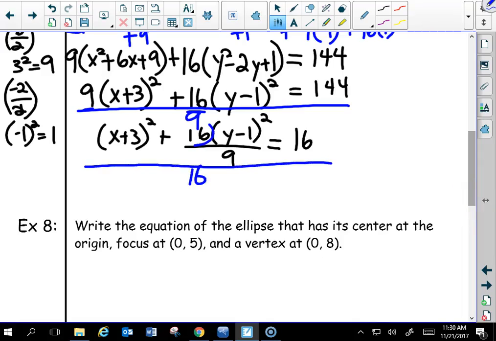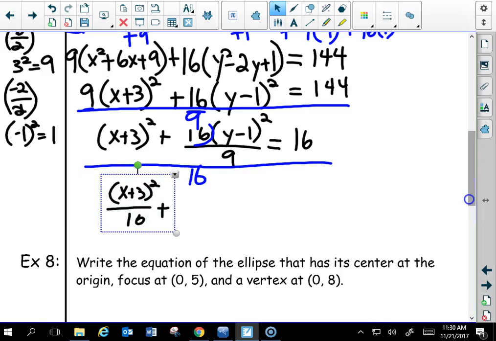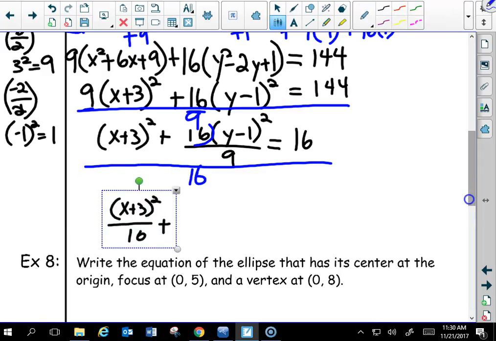All right, that's going to look like x plus 3 squared over 16 plus, I need just a little more room. Okay, plus the 16s cancel.